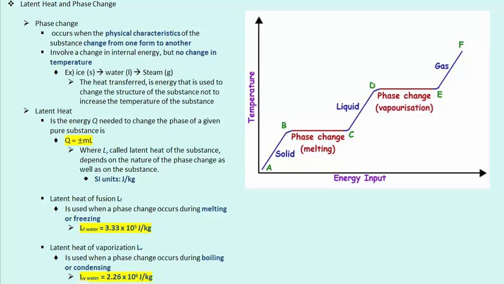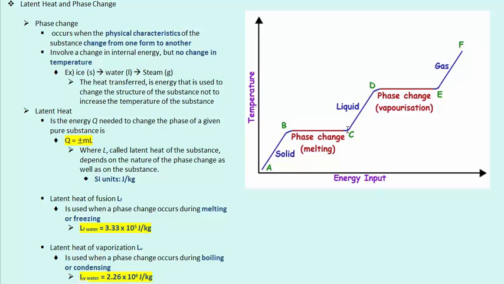So the best way to summarize a phase change is by looking at a phase change diagram, which we have on the right. We see that from point A to point B, temperature is increasing, so we're having heat added into the system, although our phase is still the solid phase. From B to C, our temperature isn't increasing, however, we're going from a solid state into a liquid state.